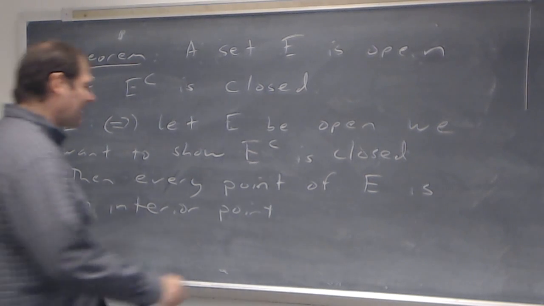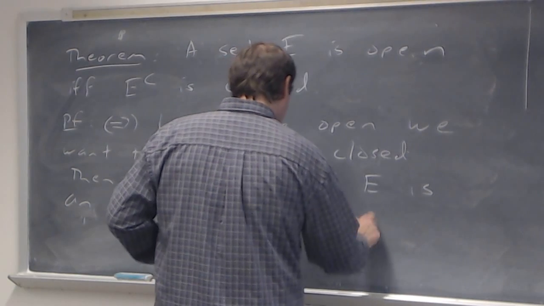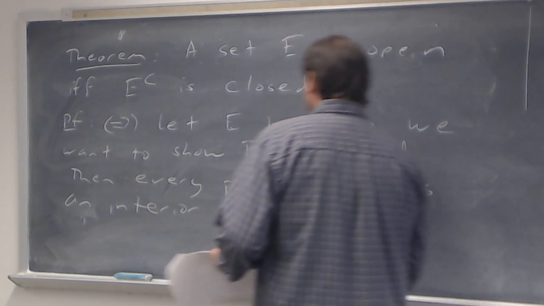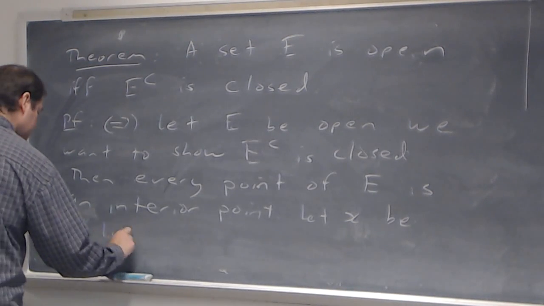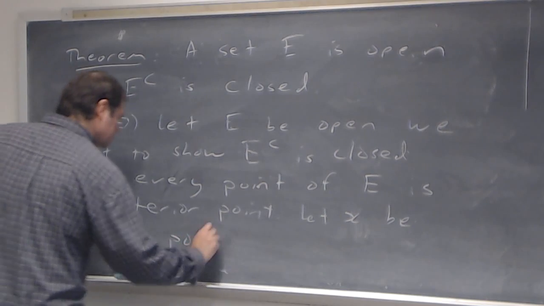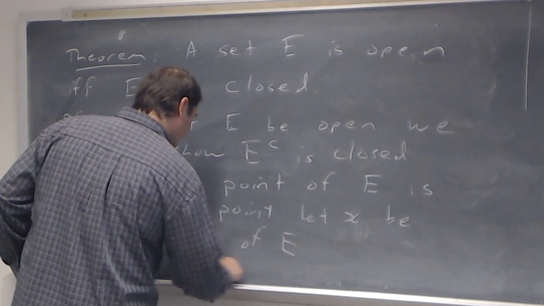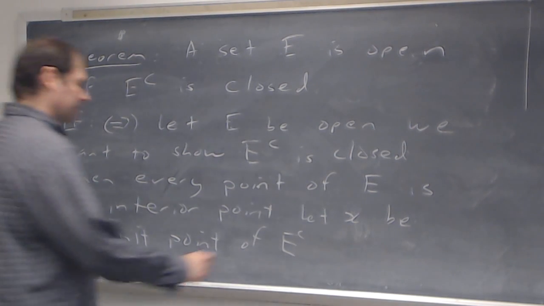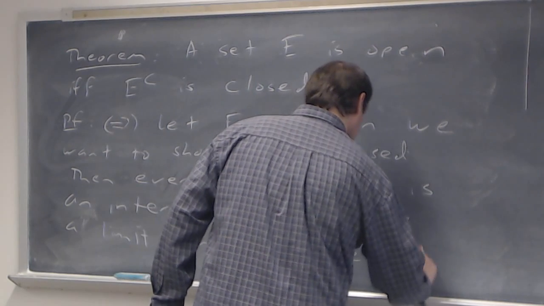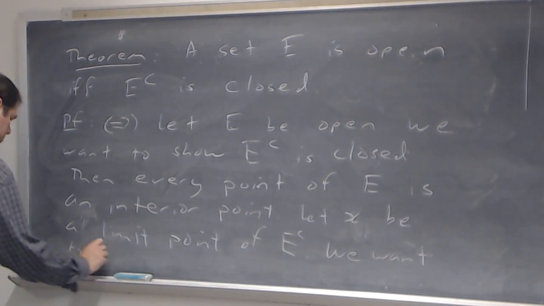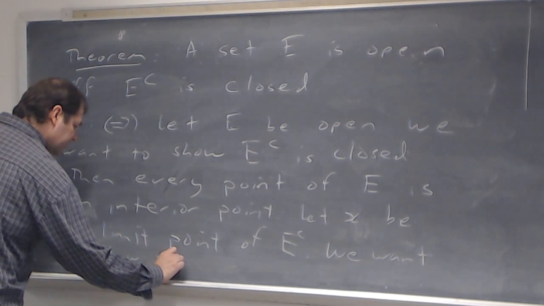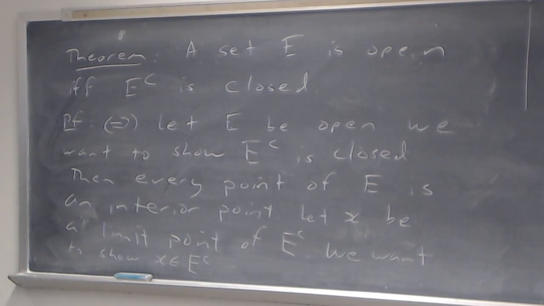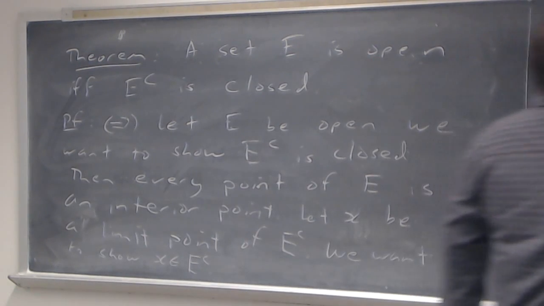Okay. So if we let x, this is a little x, not our metric space, be a limit point of E complement, our goal is to show that x is an element of E complement. That's how we show that E complement is closed. It contains all its limit points. That's what we want to show.